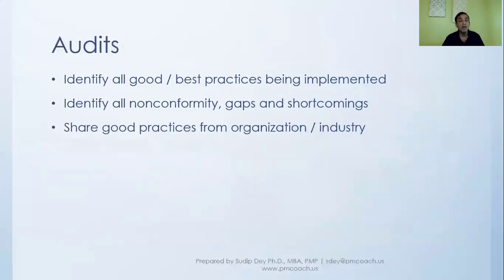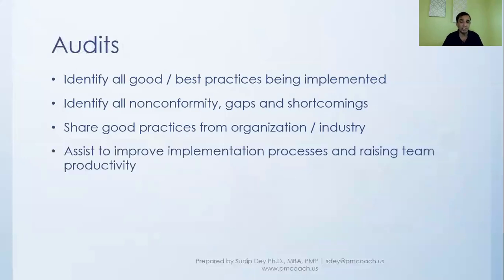They will not only identify the non-conformity, they'll also share good practices from the organization, because remember the audit group are going around auditing different projects, and they have learned through time what the different good practices available are. So they can share that with the project for the benefit of the project.